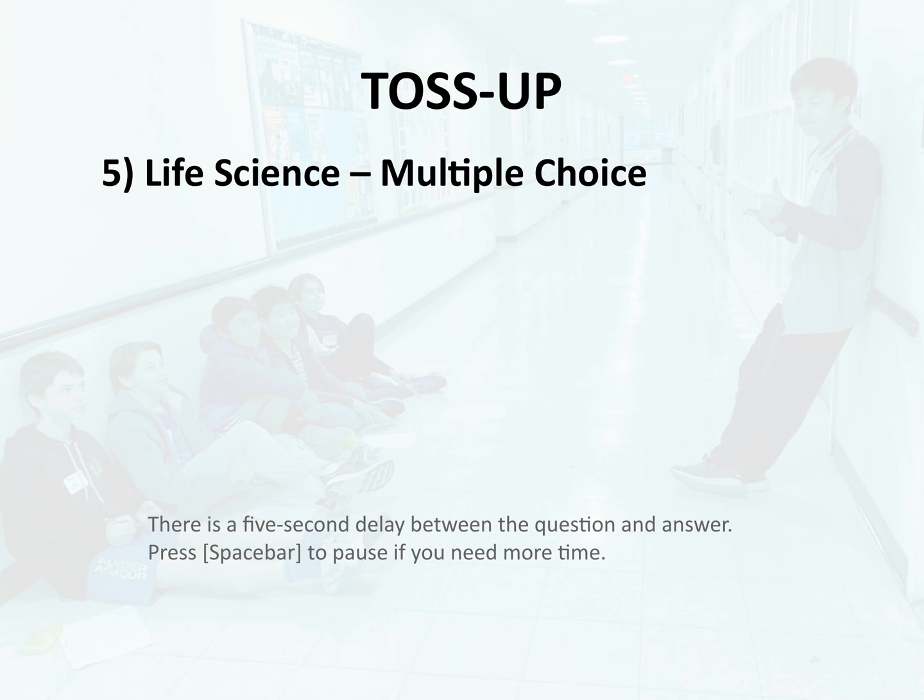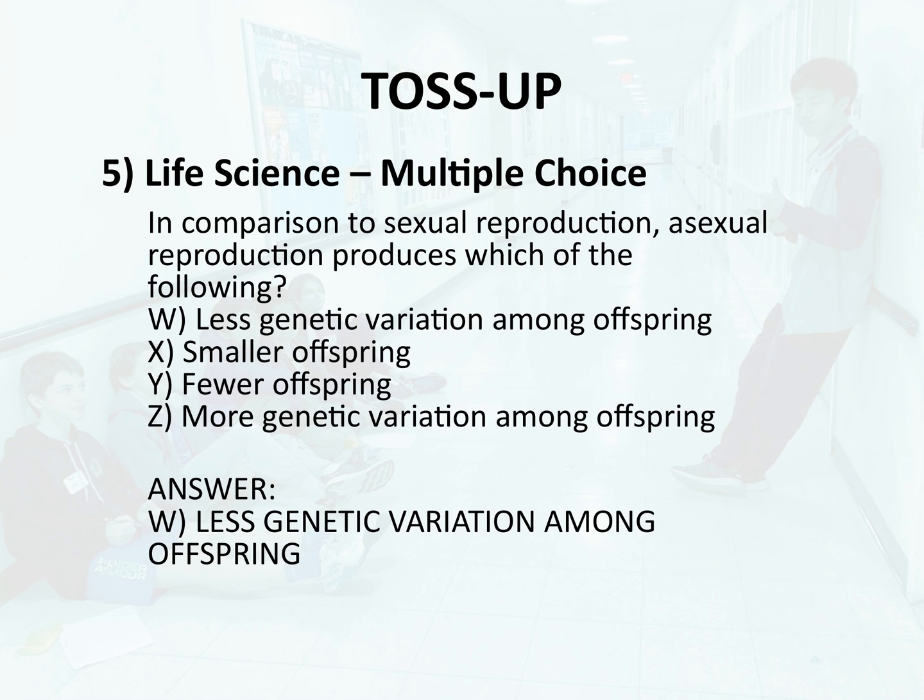Y. Fewer offspring. Z. More genetic variation among offspring. Answer. W. Less genetic variation among offspring.